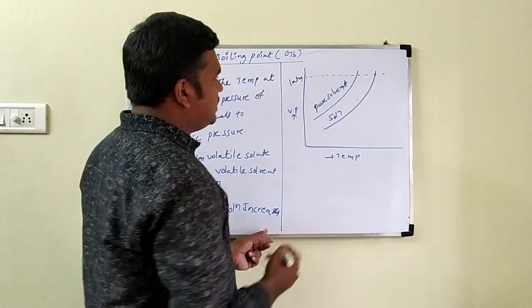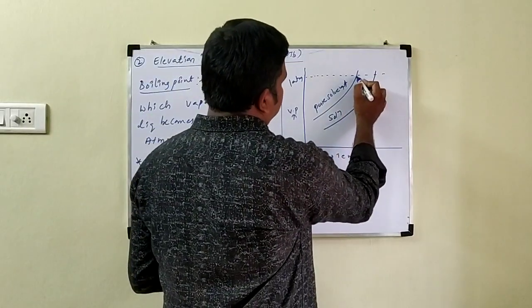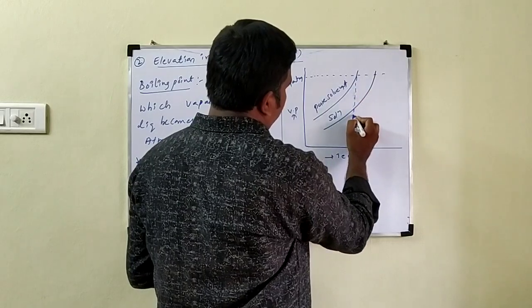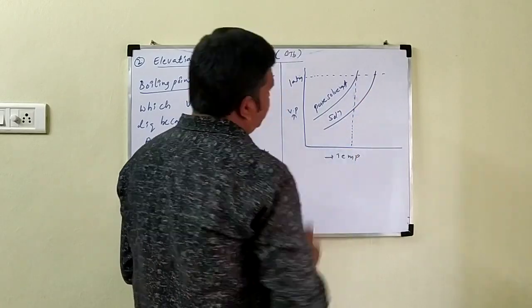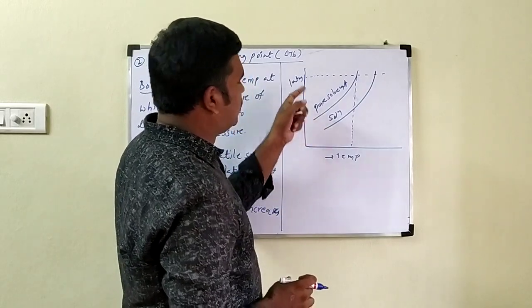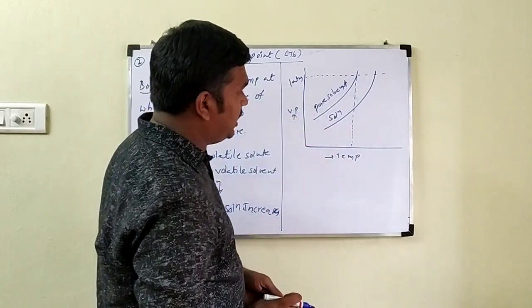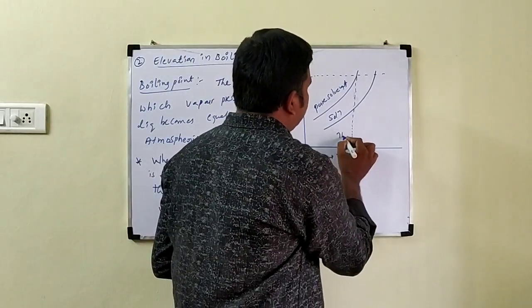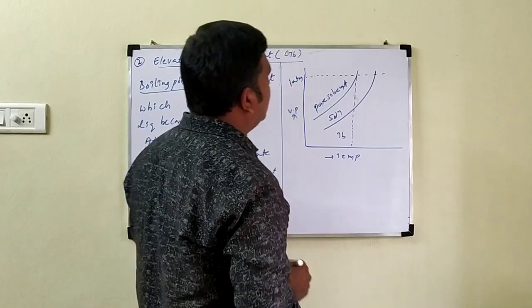Now we can see at this temperature, at this point I am marking here, the vapor pressure of the pure solvent is equal to atmospheric pressure. So this is the point, we can say TB. What is TB? This is the boiling point.